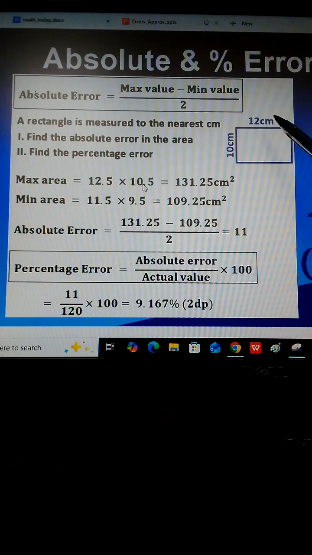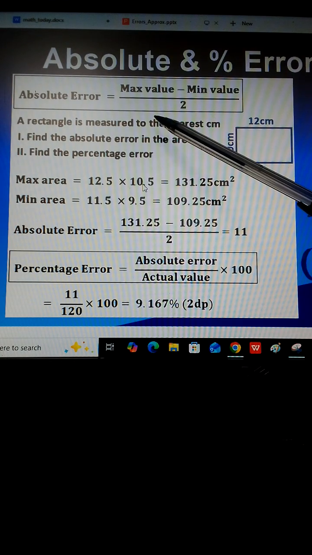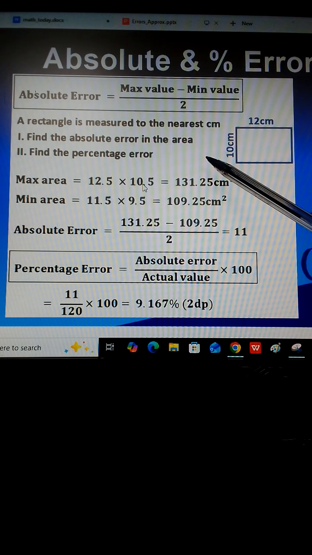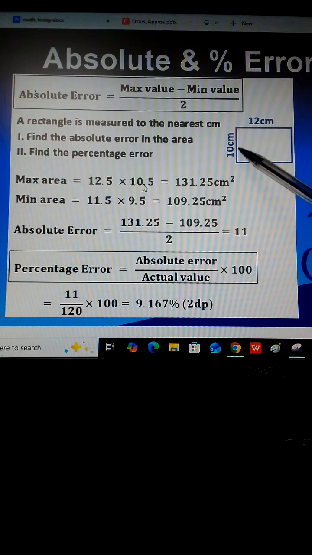The maximum possible length here is 12.5 centimeters, because you have been told that this rectangle is measured to the nearest centimeter. So 1 centimeter divided by 2, you get 0.5. So the maximum value of the length here is 12.5, and the minimum value is 11.5. And for the width, the maximum value is 10.5, and the minimum value is 9.5.